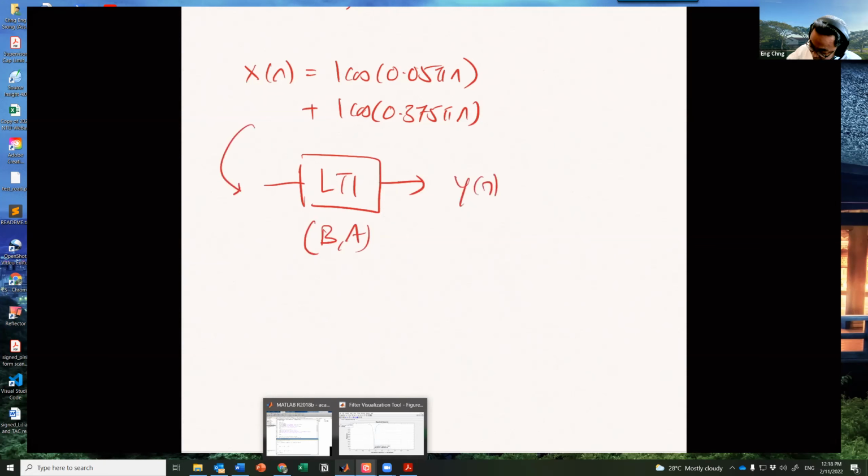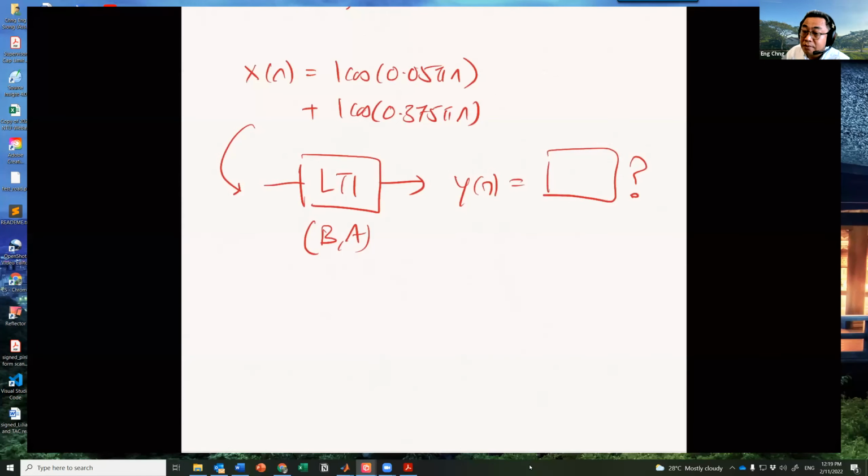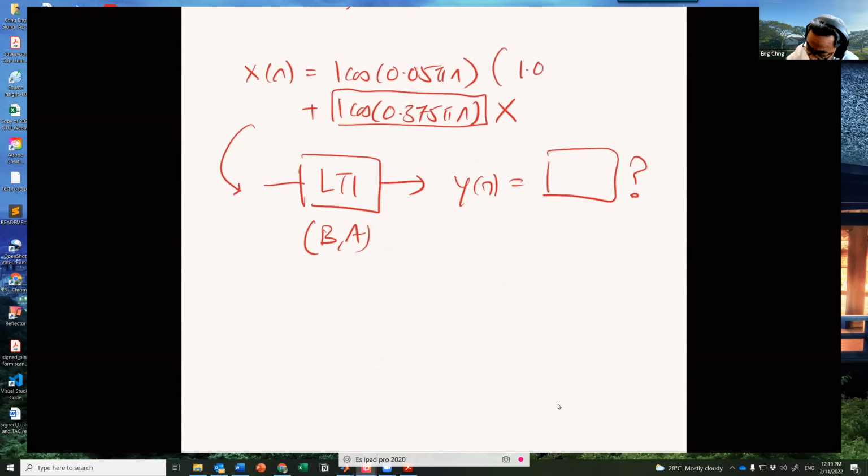What do you think will happen to my output? Ziyang, can you tell me? What do you think will happen? Right. This guy will get cancelled off because his gain is 0. This guy, the magnitude is multiplied by 1.05, right?